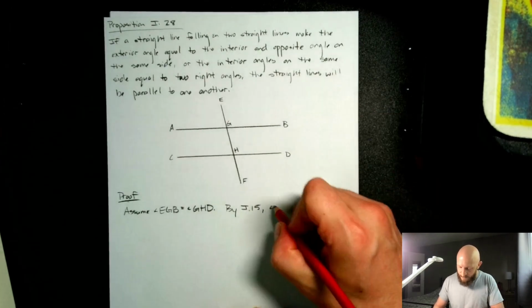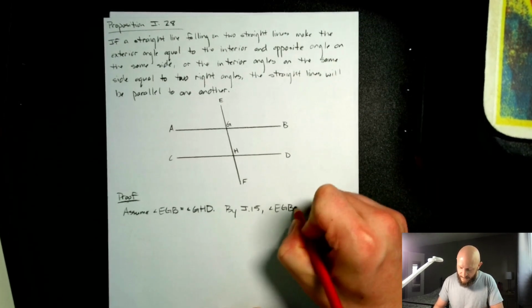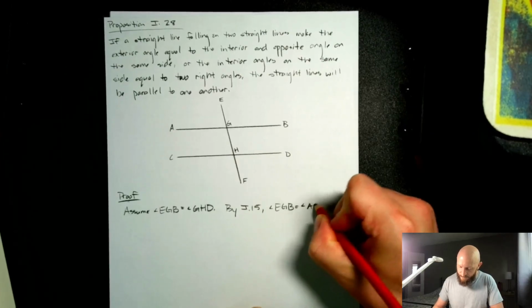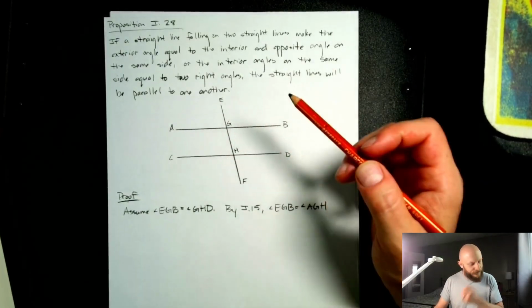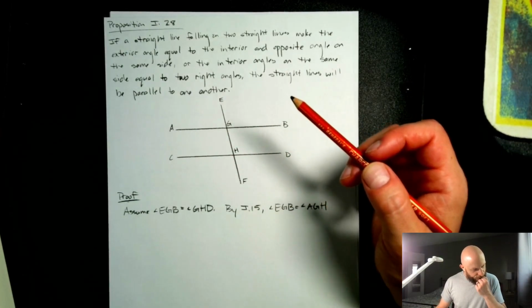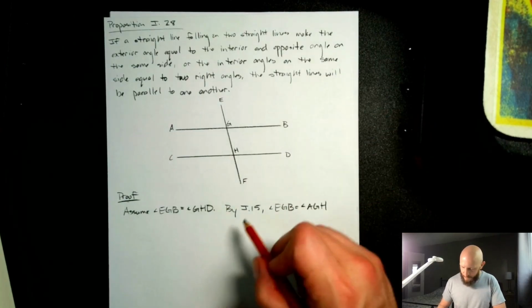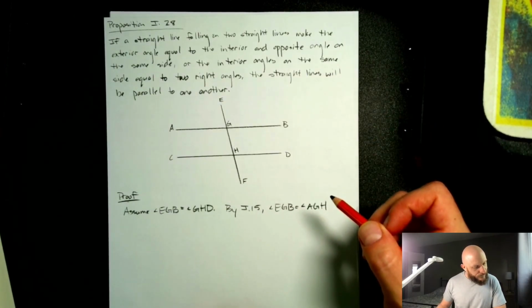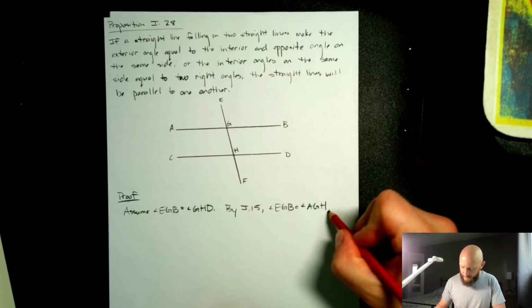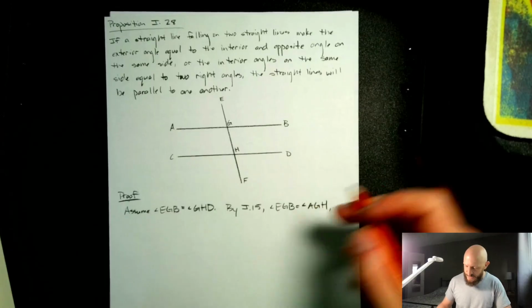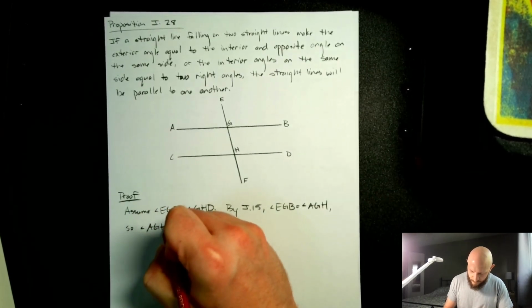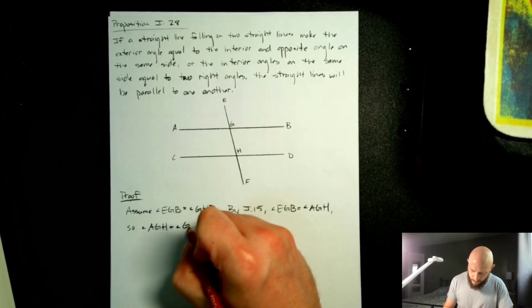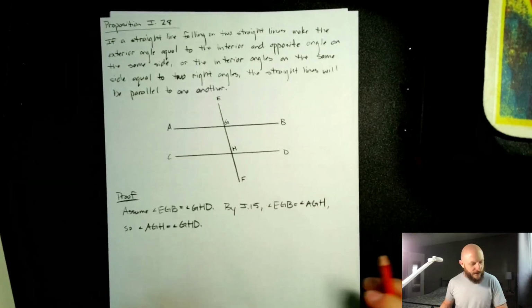Yep. So EGB equals angle AGH, because they're vertical angles. Which means then that AGH is equal to GHD, by the common notions.